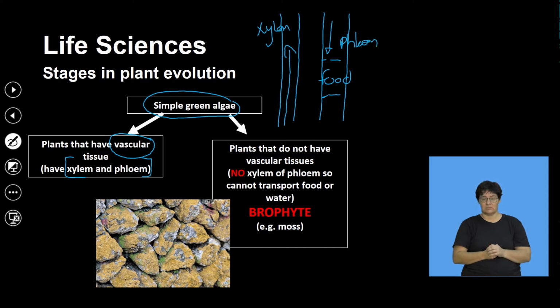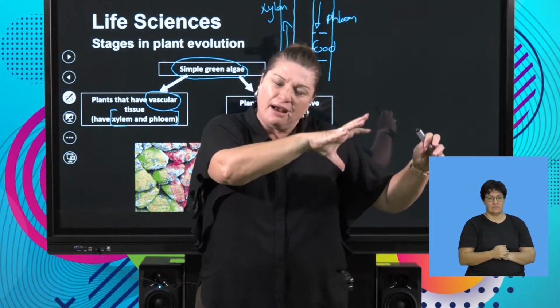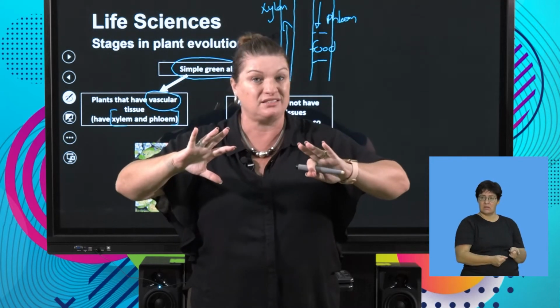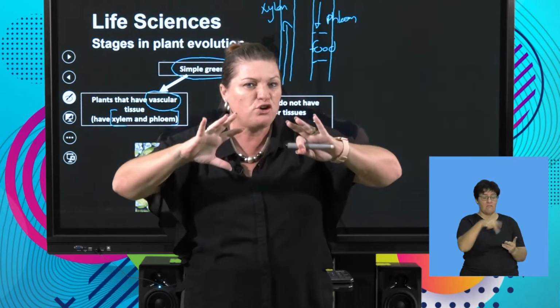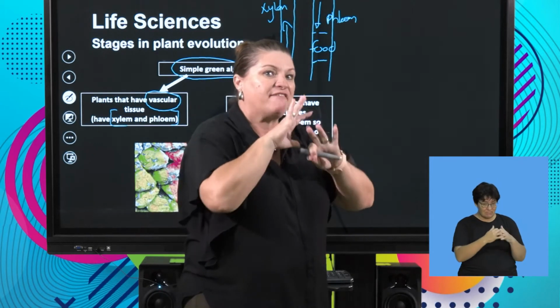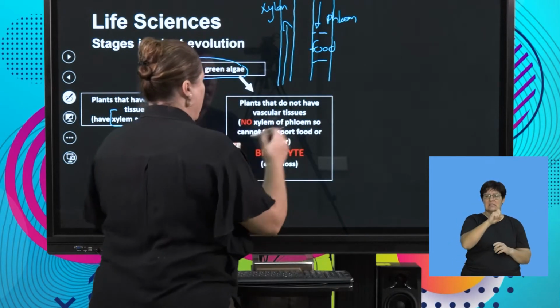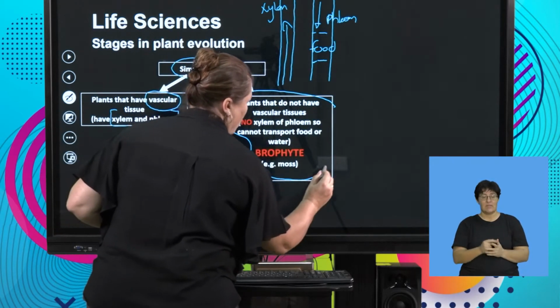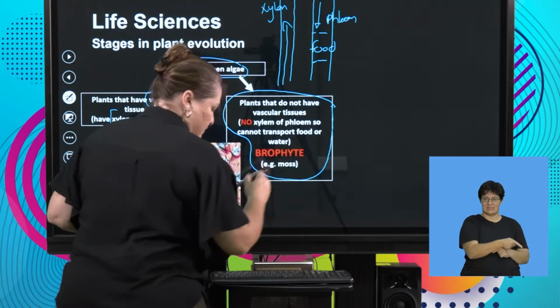Those tissues were quite complex tissues. And when we come from the water onto land, xylem and phloem don't exist yet. So our first group of plants is very simple. They don't have any xylem or phloem, and this is the group that we start off with, the moss, the bryophytes.